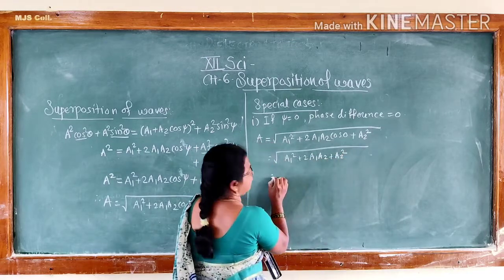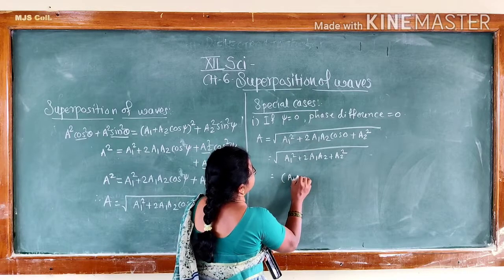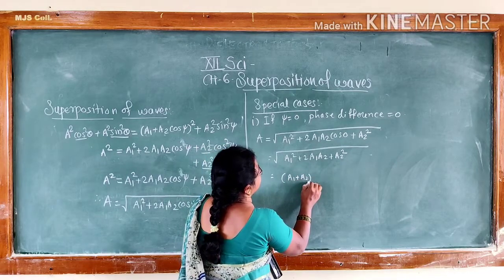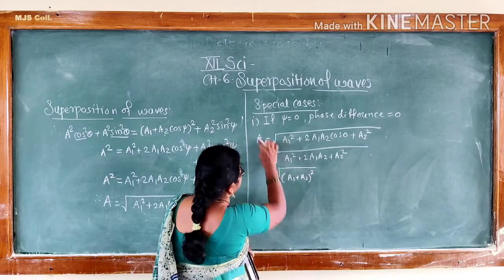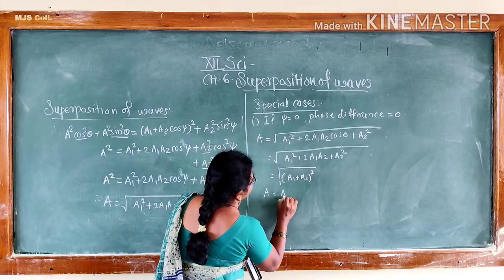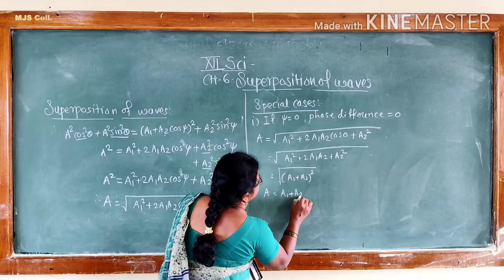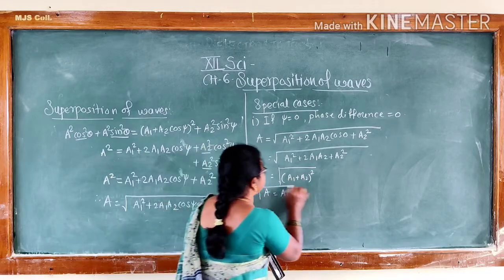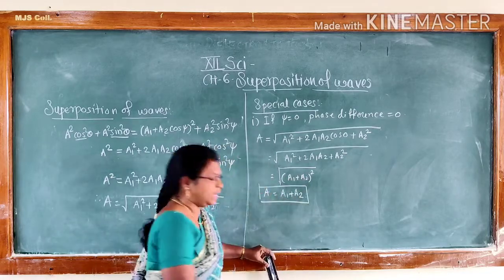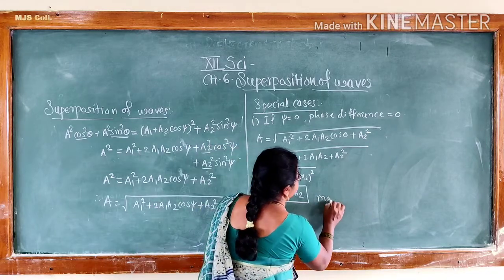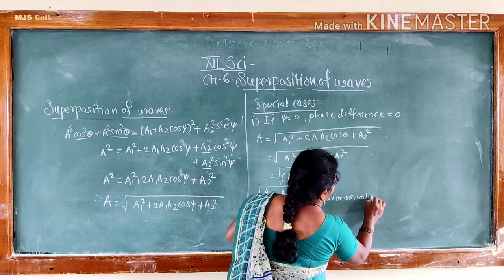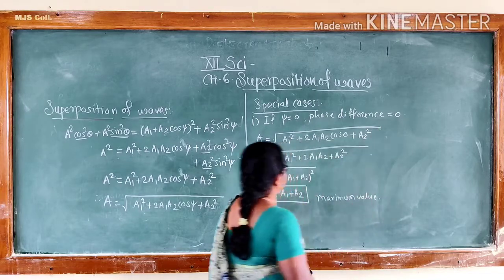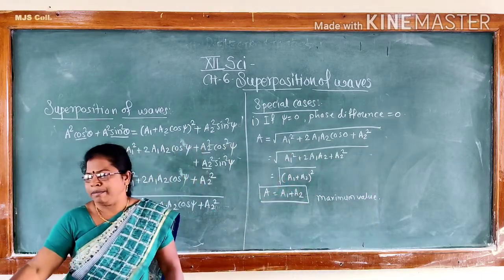That means this is nothing but (A1 plus A2) whole square under the root. Therefore, A is equal to A1 plus A2. This is the value of the resultant amplitude and this is the maximum value. When the phase difference is equal to 0, then the amplitude is maximum.